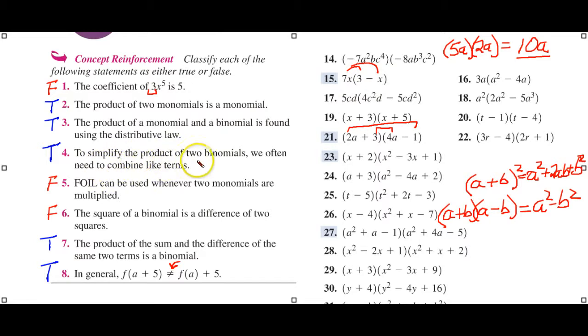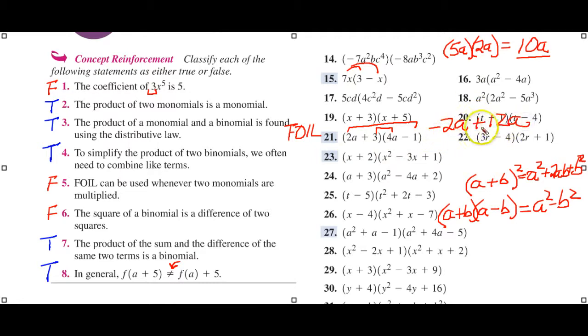To simplify the product of two binomials, we often need to combine like terms. Now in the FOIL, where our outers and inners are multiplied, here we get a negative 2a from multiplying our outers, and our inners give us a positive 12a.